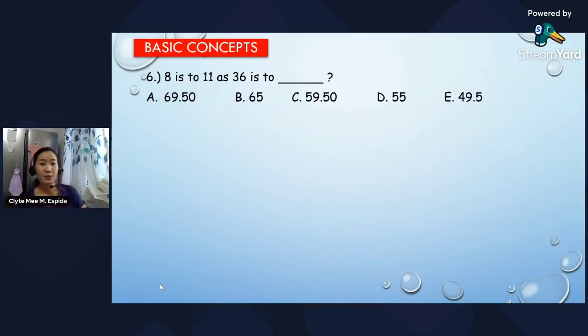Okay, let's have number 6. Number 6. 8 is to 11, 36 is to blank. So we have A to E. So comment number 6 and then your answer.